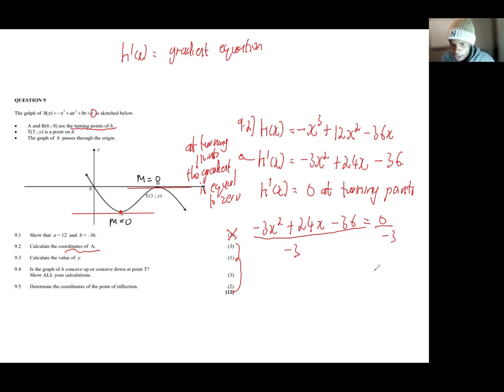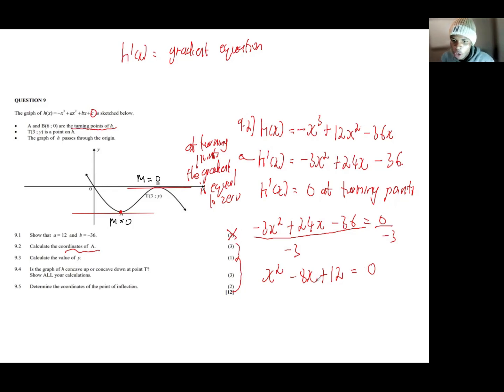If I divide here, I'm left with positive x squared. 24 divided by negative 3 gives us negative 8x. And negative 36 divided by negative 3 gives us positive 12. And 0 divided by negative 3 is 0.